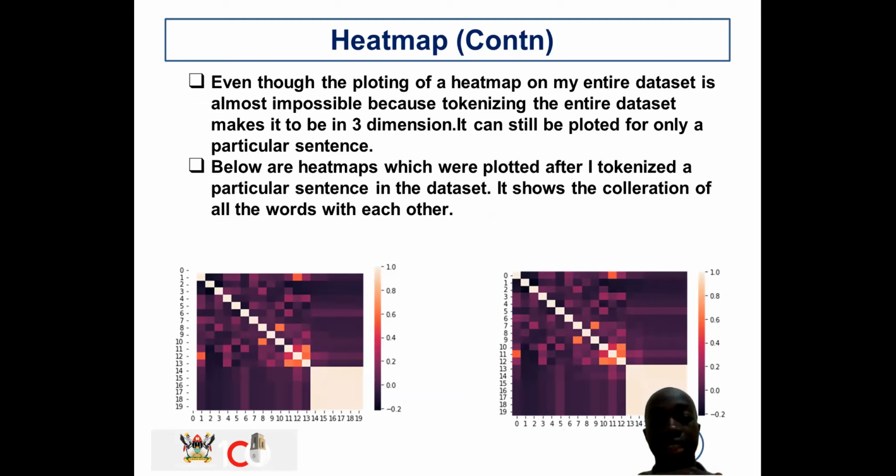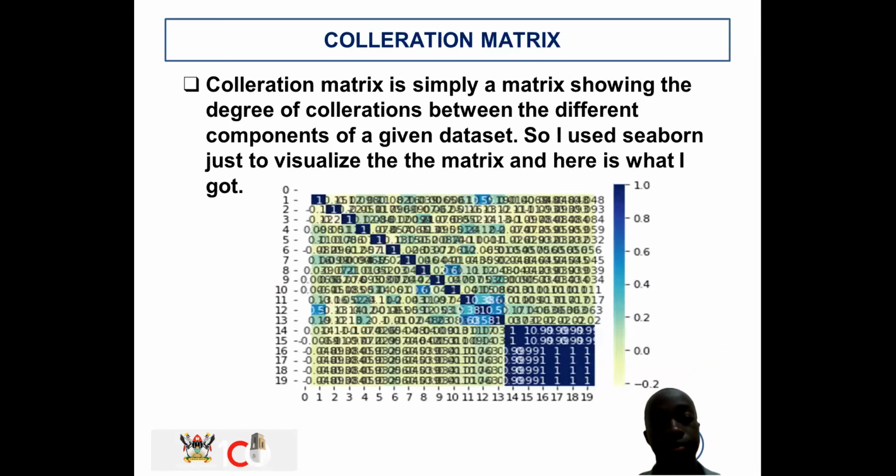So now, as you can see here, I plotted it using just one particular sentence in the data set, for the English and the Luganda. It came out, and here it was showing how the different words in that data set are related to each other, correlated to each other, and that was its visualization as you see it down there.